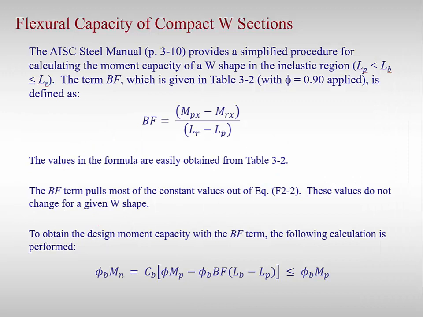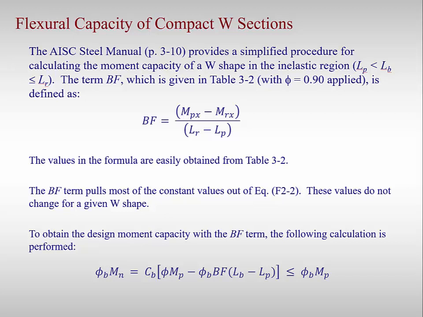The AISC Steel Manual provides a simplified procedure for calculating the moment capacity of a W shape in the inelastic region, that is, where your unbraced length L sub B is between L sub P and L sub R. The term BF, which is given in Table 3-2 with a phi of 0.9 already applied, is defined as shown.